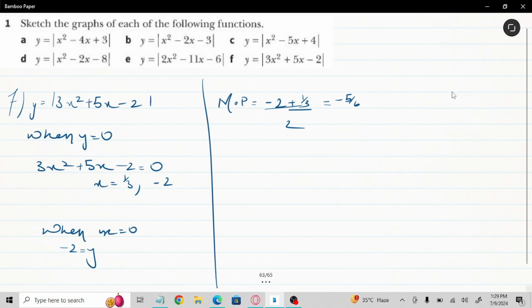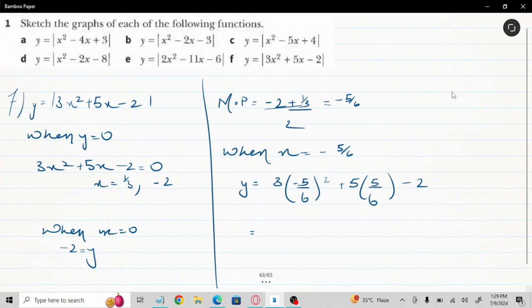Okay, oops, I'm really sorry. That was my stylus. So when x is equal to -0.8, or in fact, you could just write the fraction form because it's much more accurate, -5 upon 6. So y is equal to 3 multiplied by -5 upon 6 squared plus 5 multiplied by -5 upon 6 minus 2.